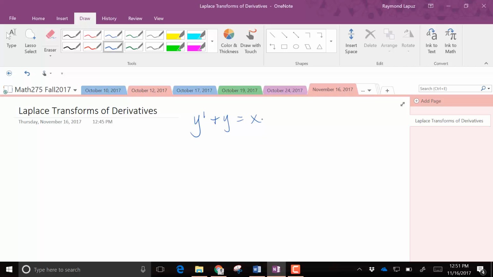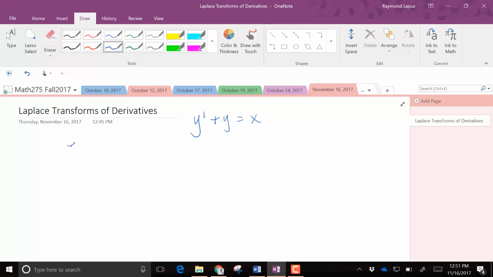We want to be able to transport any sort of differential equation into the Laplace world, and a lot of that will have derivatives involved. And so we need to find the Laplace transform of a derivative.